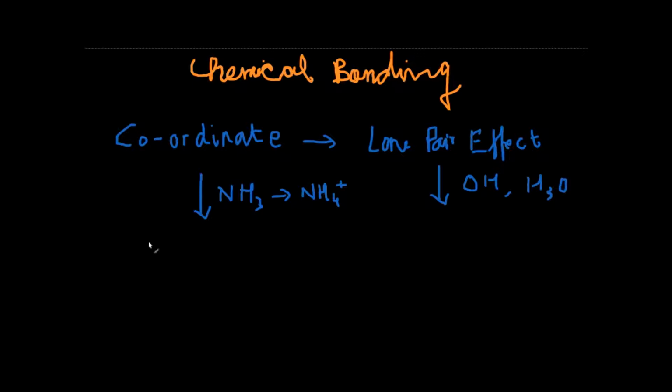NH3, we drew the covalent bond in the previous video, something like this. The single line denotes that one electron is being contributed by both of the atoms, and there were two over here. We called it the lone pair.